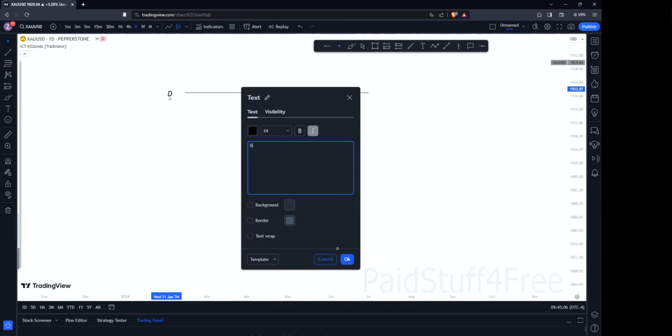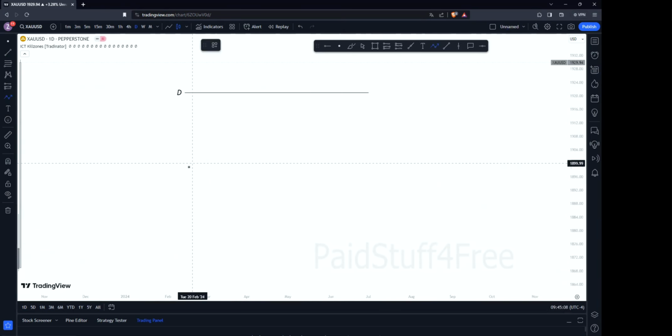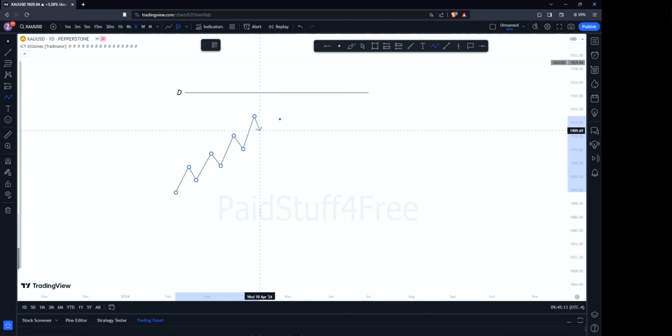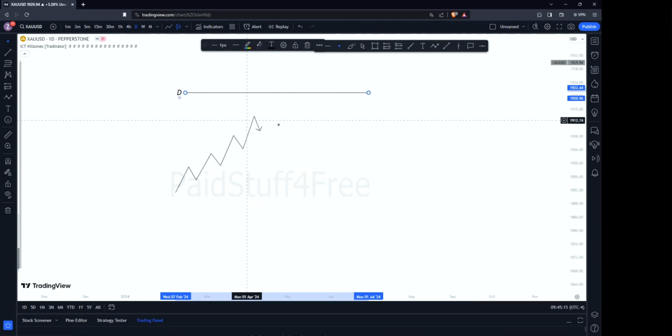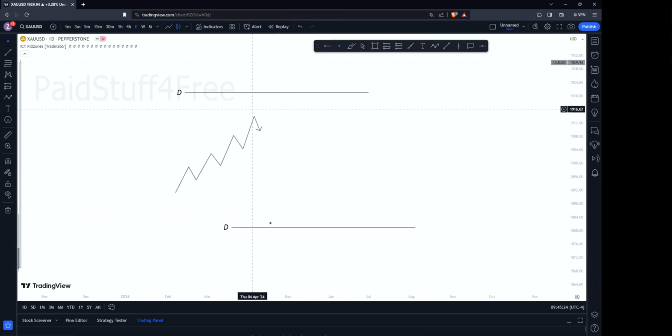Price is approaching that daily level. We said that price moves from daily to daily, and the first sign that price is going to move from this daily to the other daily is rejection.